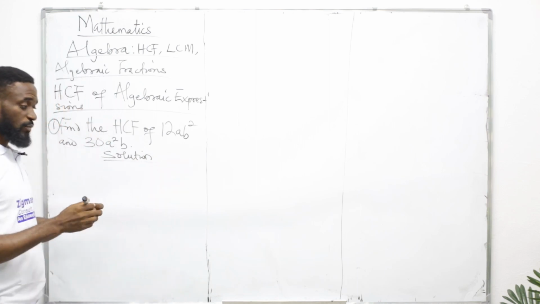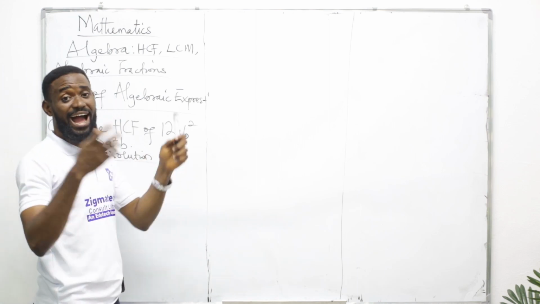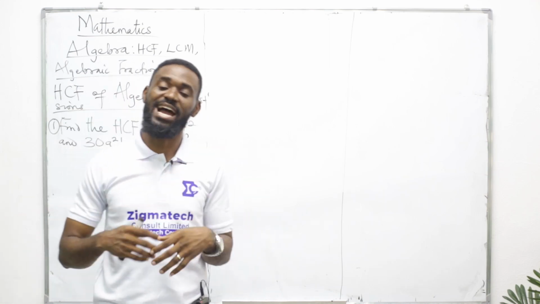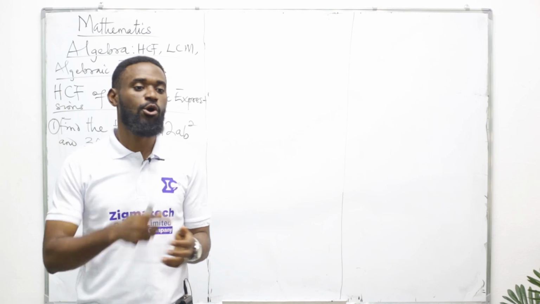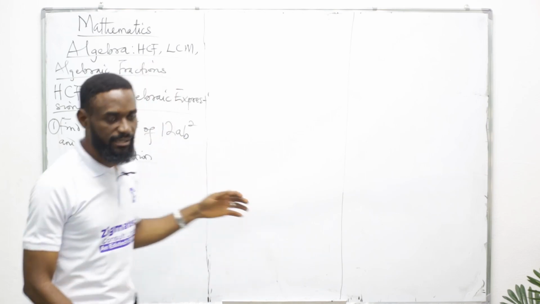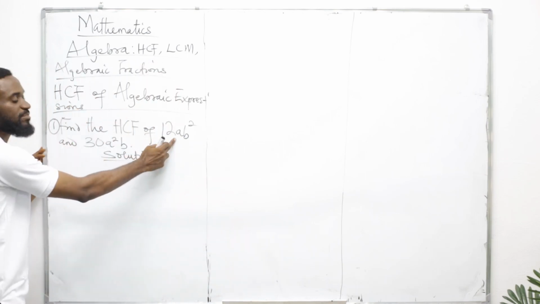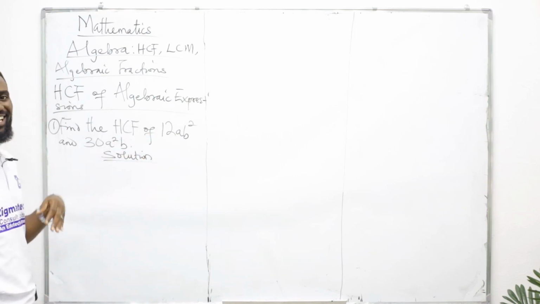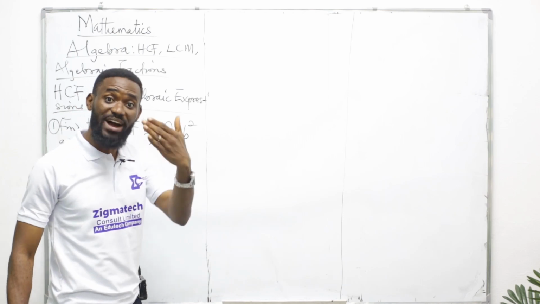Now, just as the normal way we are asked to find HCF of real numbers, it is also possible they ask us to find HCF of algebraic expressions. These are algebraic expressions that we have here. So they're asking us to find the highest common factor.